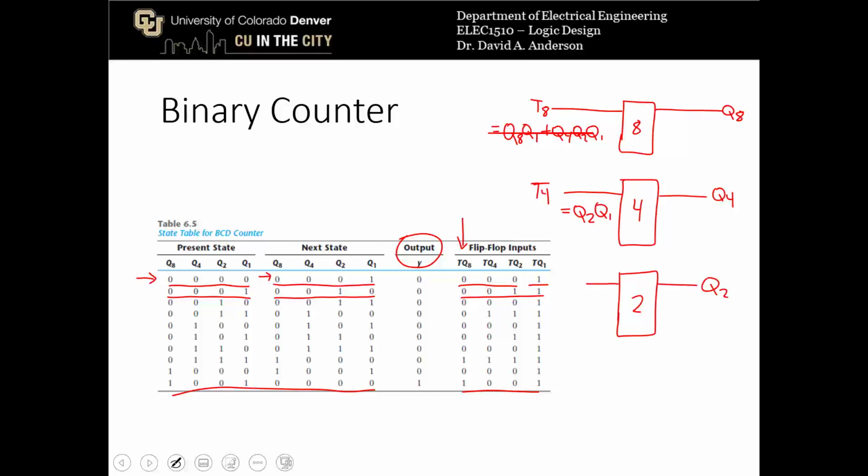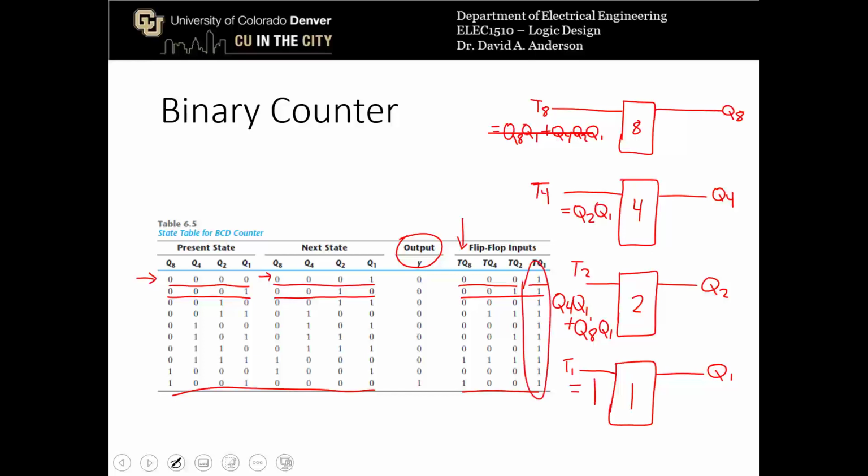The input T2 is going to be equal to Q4 Q1, or Q8 prime Q1. And finally, flip-flop number 1 has output Q1 and input of T1, which in this case is always a 1, as you can see.